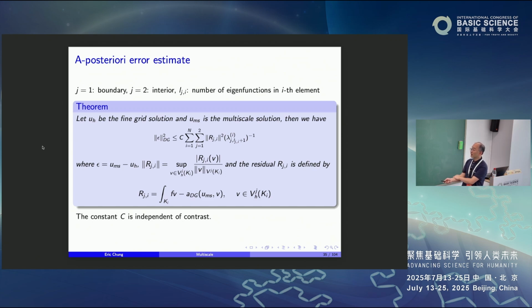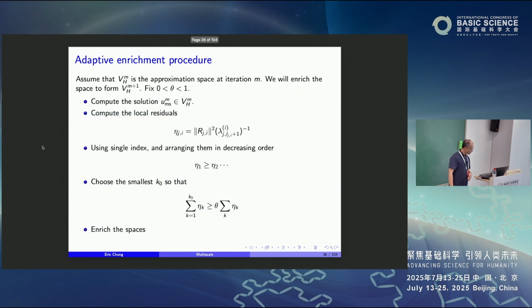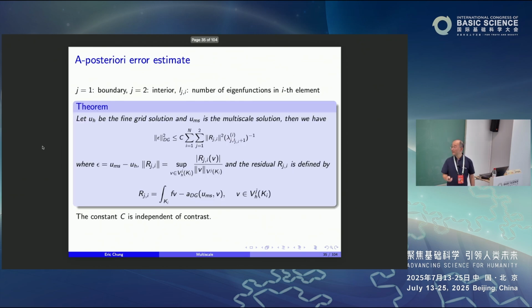Again, the conclusion is that we get an upper bound that is computable, and these local residuals can be computed. And another term is this eigenvalue that you can also compute. And because of this error analysis, we can perform this adaptive enrichment because we know that the error depends on this local quantity that can be computed.